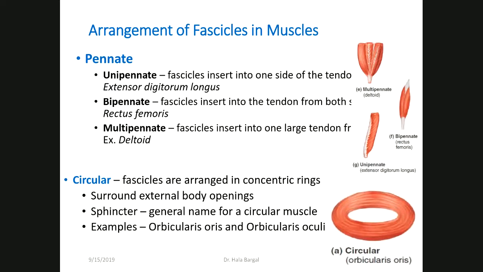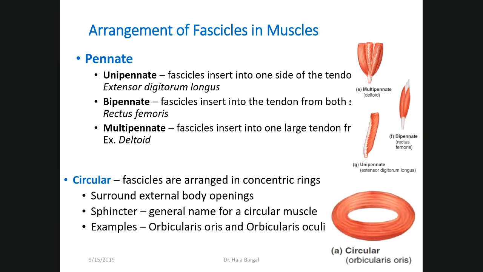Pinnate. We have unipinnate, where fascicles insert into one side of the tendon, the example is extensor digitorum longus. Bipinnate, as the rectus femoris. The fibers are parallel to each other with a central tendon in between. Multipinnate, the fascicles insert into one large tendon, example the deltoid.